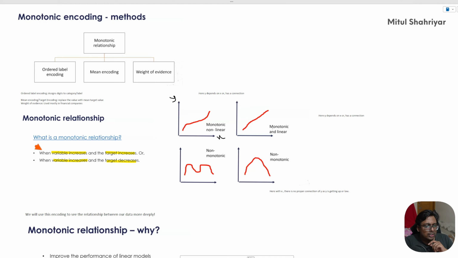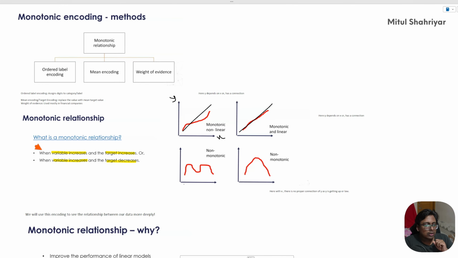So for these you can see it's almost linear, right? But it's non-linear because the graph is not the linear one. This is something like linear. You can see x and y have a relation. As x increases, y is increasing a lot. So these are monotonic. This is for linear and this is non-linear.